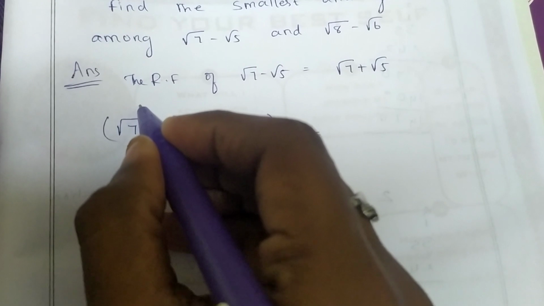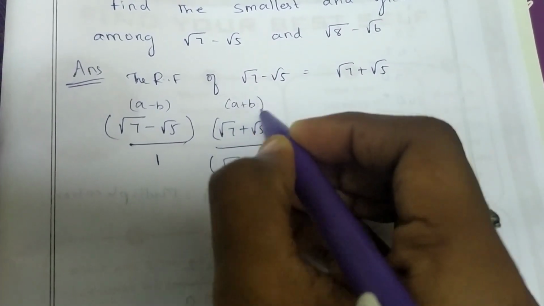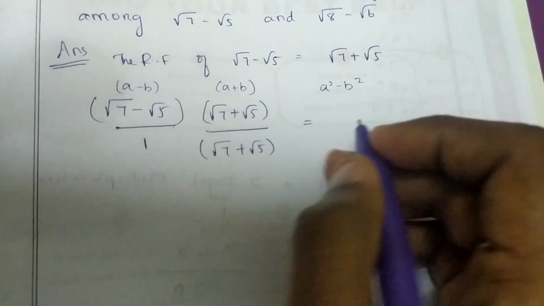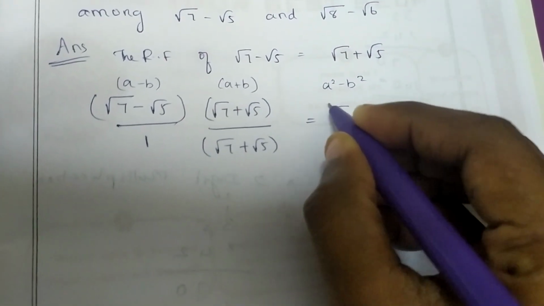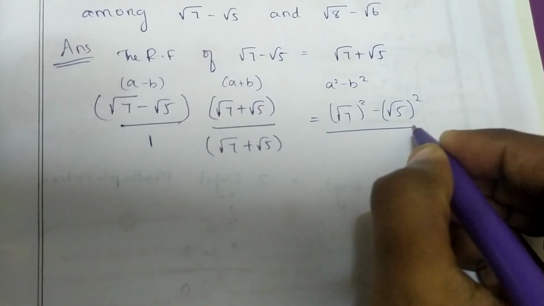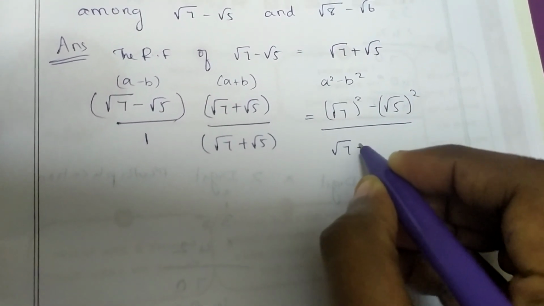Here it is in the format of a minus b into a plus b, so you write it as a square minus b square. That is root 7 the whole square minus root 5 the whole square, divided by 1 into root 7 plus root 5, which is root 7 plus root 5.